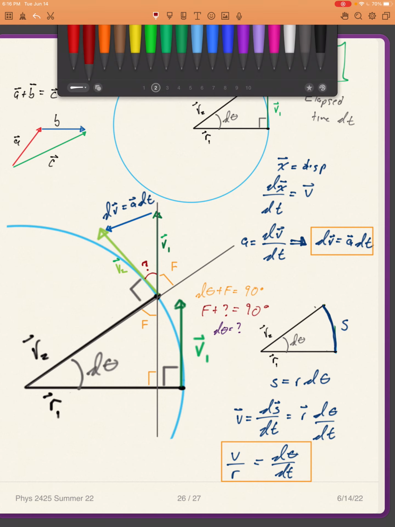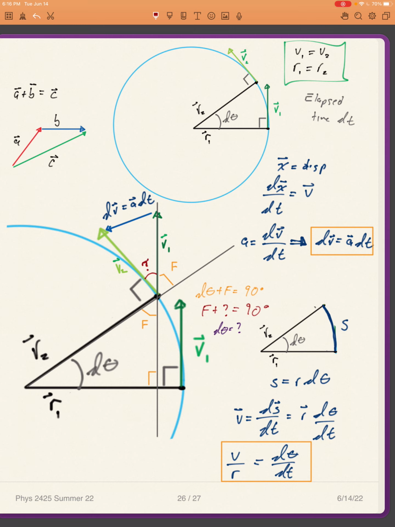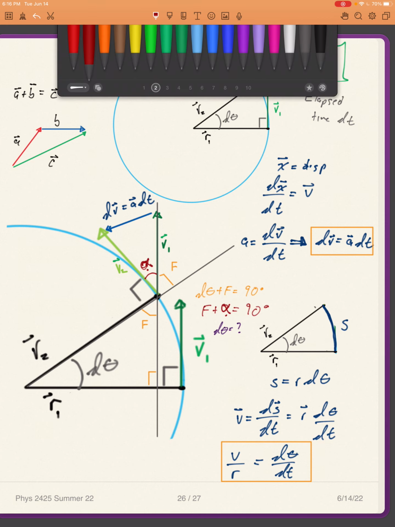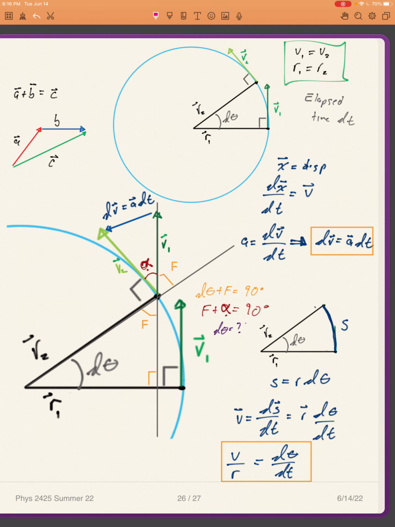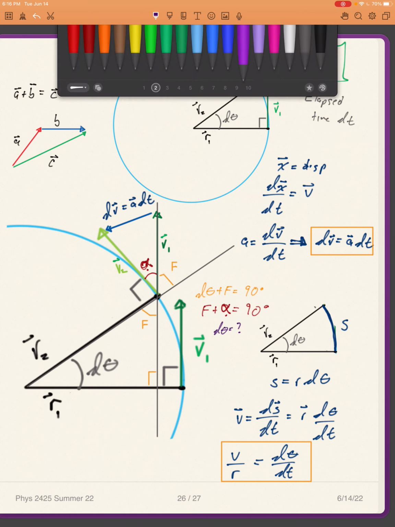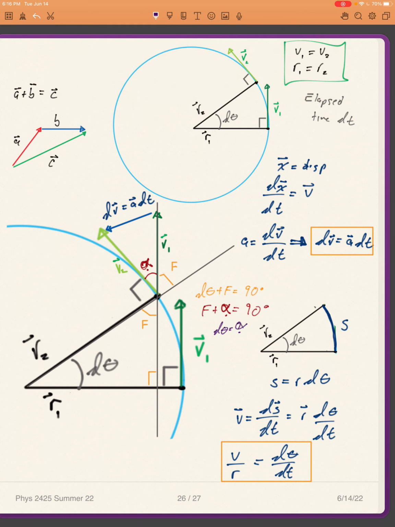I'll call it an angle alpha. So that angle alpha really is d theta.